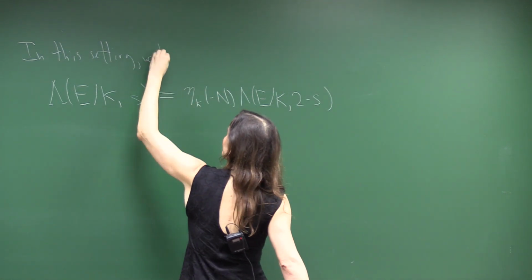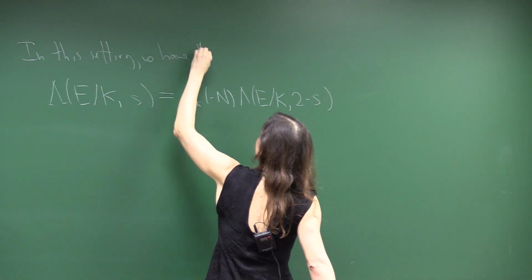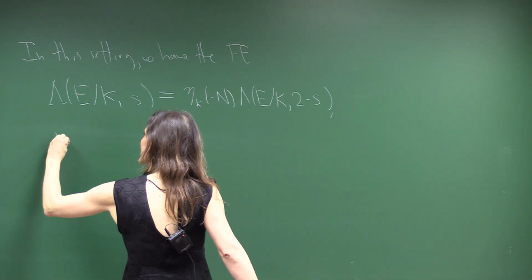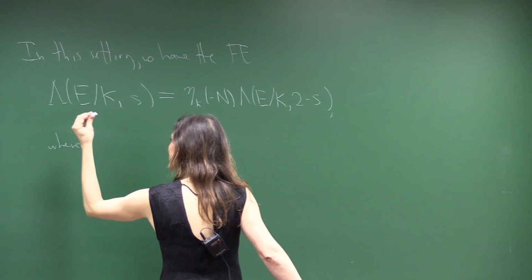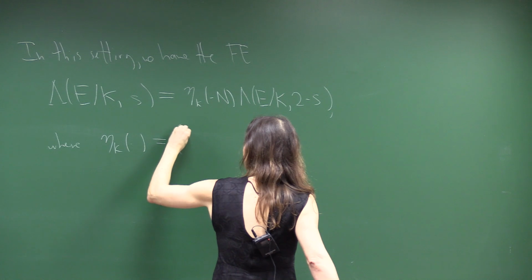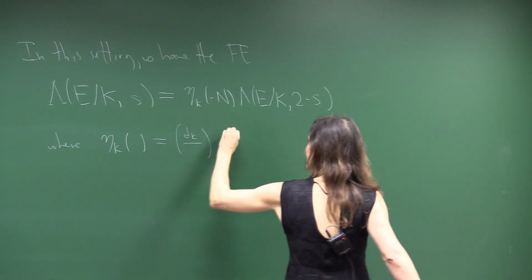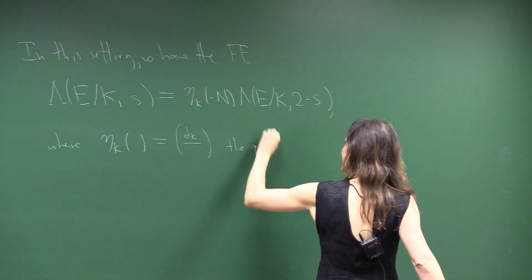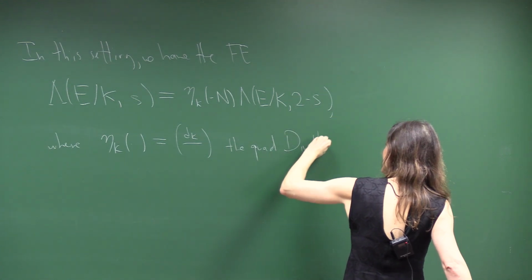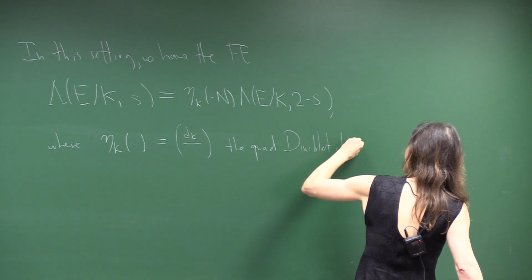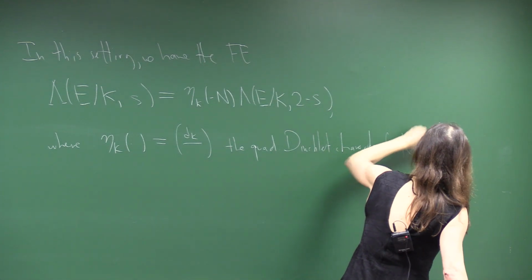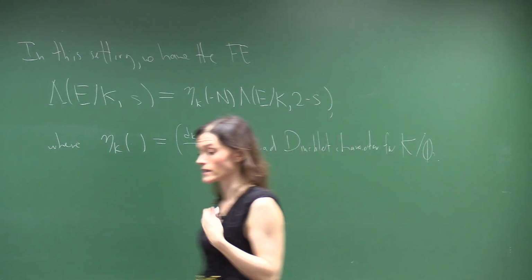So we have the functional equation where this eta is simply the quadratic Dirichlet character associated to the imaginary quadratic field. And this is an odd character.